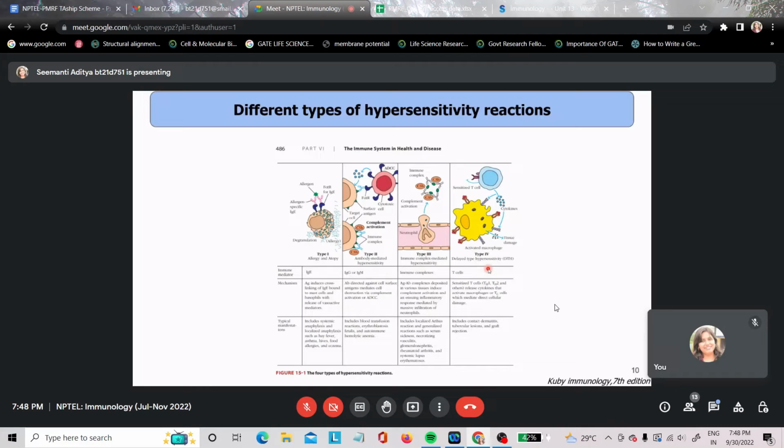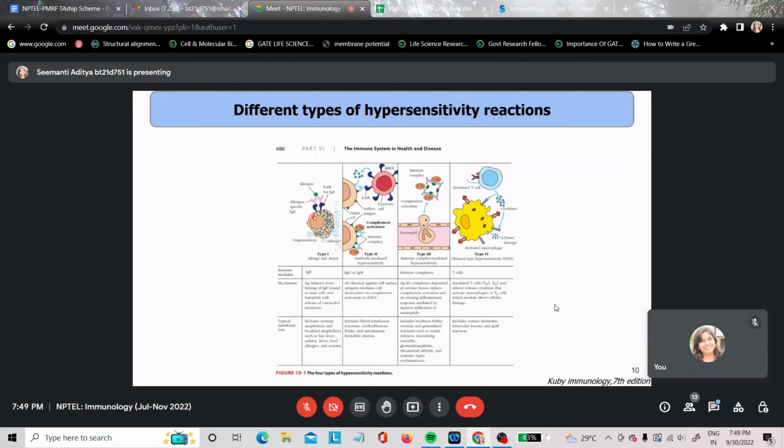So here we can see in type 1, there is an allergen. This allergen is presented by certain antigen presenting cells through the MHC class 2 molecules.